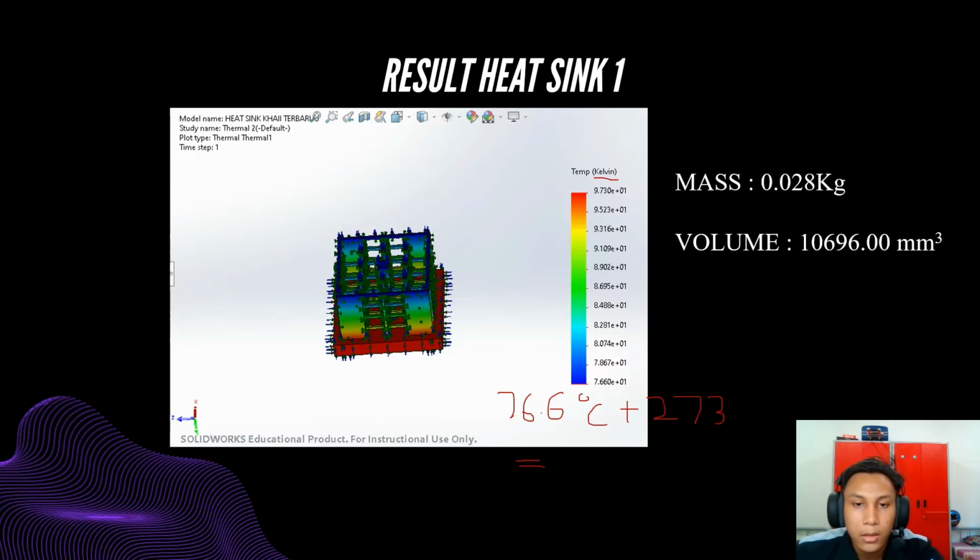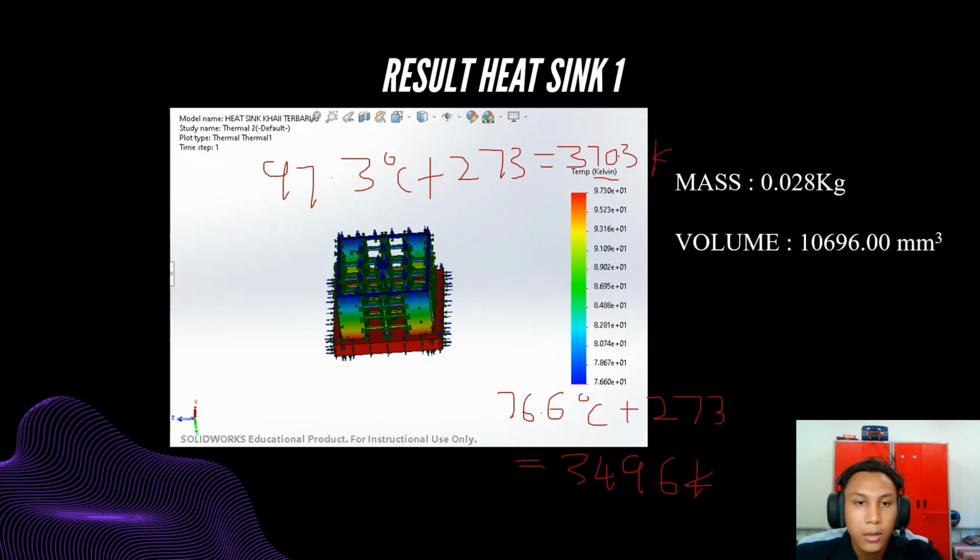For the cold side, it is 349.6 Kelvin. At the hot side, which is the red part at the bottom of the heatsink, the temperature is 97.3 degrees Celsius. If we add 273, we get 370.3 Kelvin.